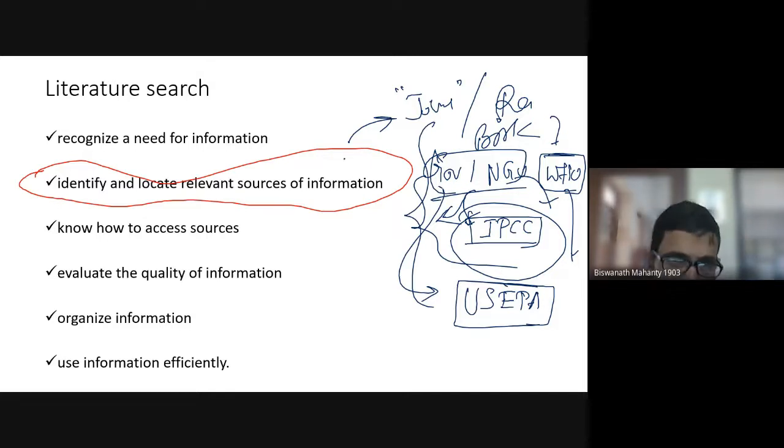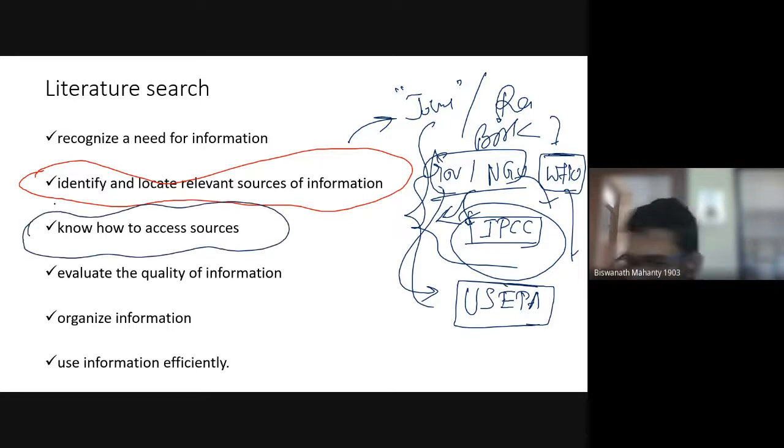Now the second thing is to know how to access the source. How can I get the data? What kind of data am I looking for? Now there can be different kinds of data. One can be some statutory write-up.